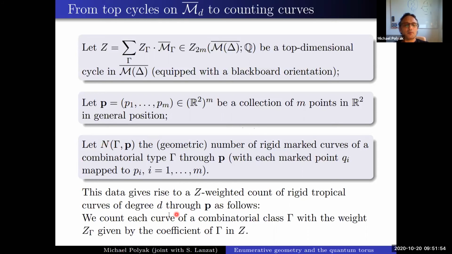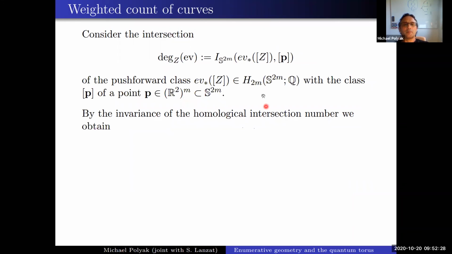However, if I sum them up together with certain coefficients, then the total would be invariant. Now, how do we do that? So we fix this combinatorial type. This combinatorial type will be counted with this coefficient. Right? And I count each one of these curves here with this multiple, and I sum them over all combinatorial types.